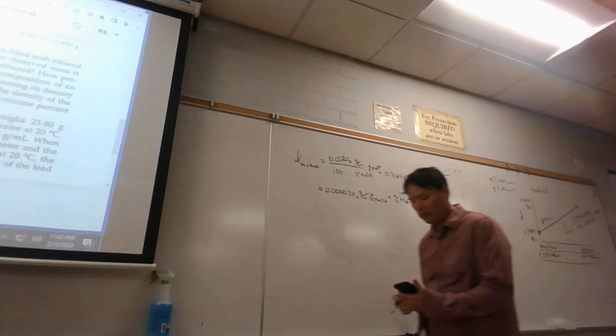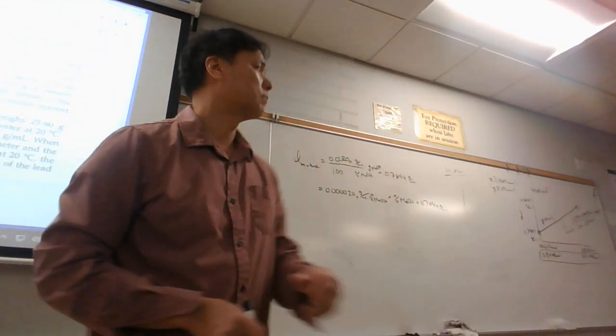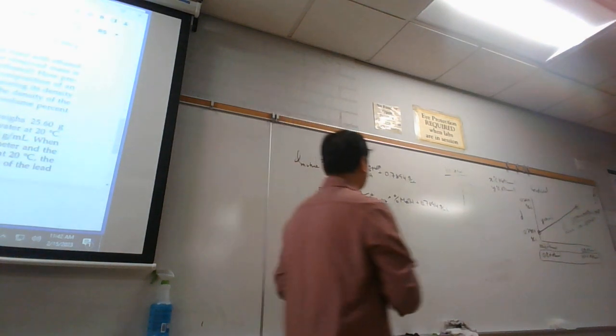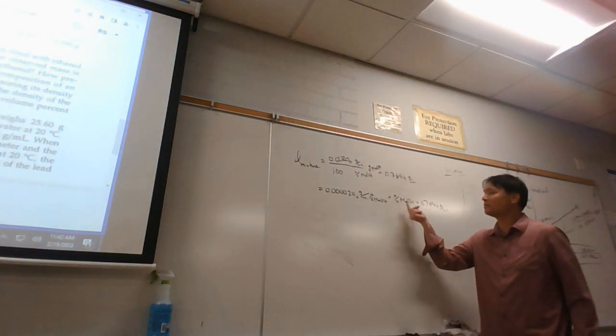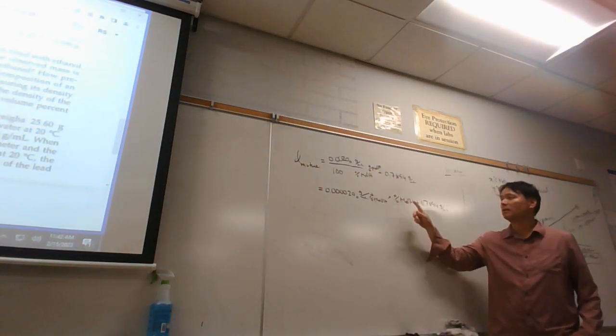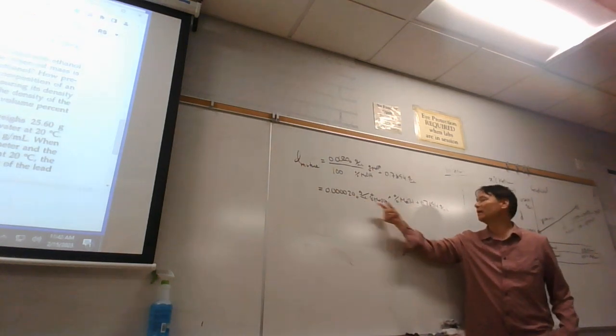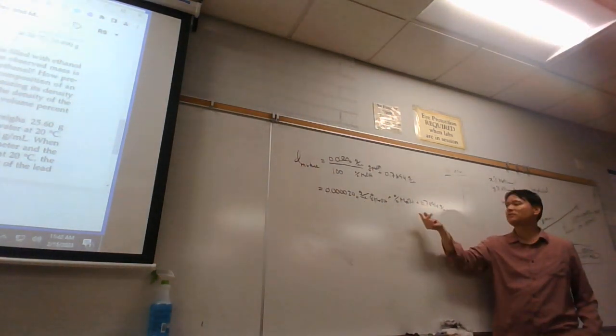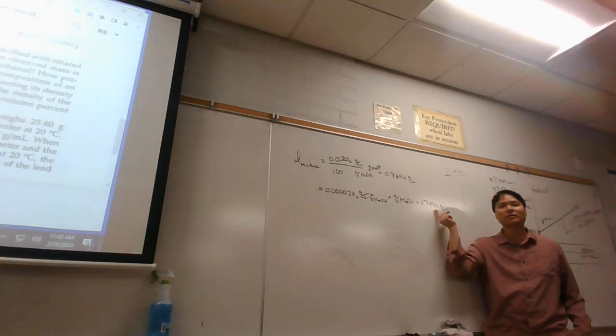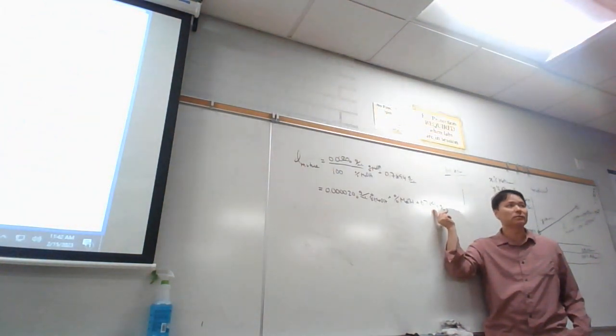So we could just test this. If this mixture is 0% methanol, then 0 times this is 0, and we get a density of this. If it's 0% methanol, then the density comes out to ethanol.